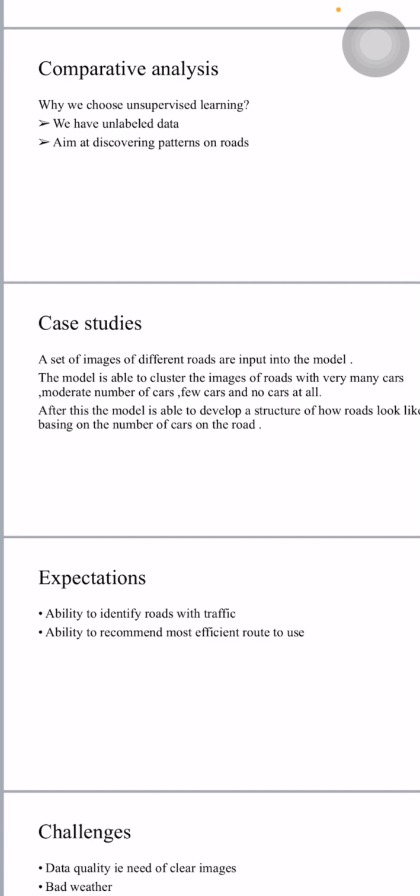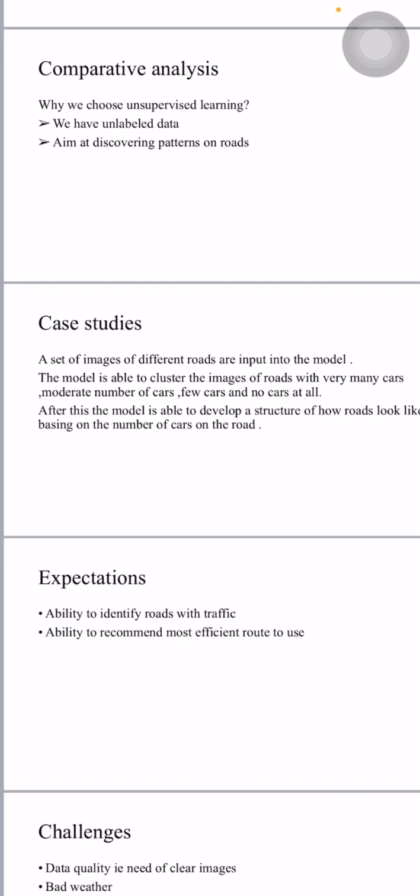We capture the image of the road the user wants to use, and we compare it with the clustered images that we have in the model that we trained. We used the concept of clustering, so it knows which road has high traffic, low traffic, moderate traffic. So we will be able to use that image to know where that road falls.